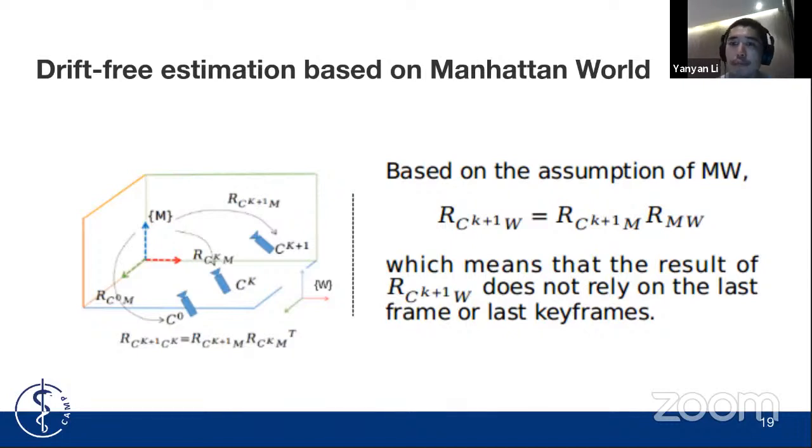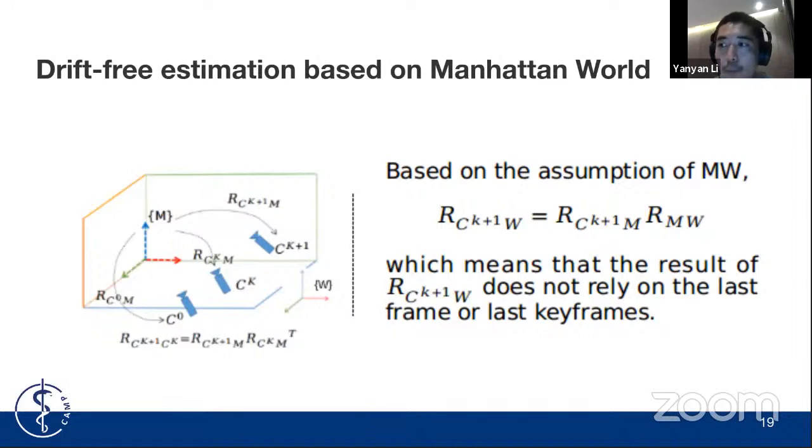But for frame to frame strategy, the current frame's camera pose is related to the last frame. If you have some pose errors in your last frame, then the error will exist in the current frame, right?